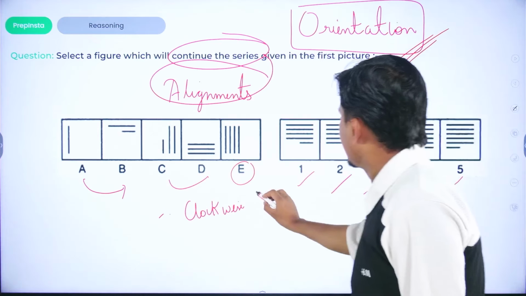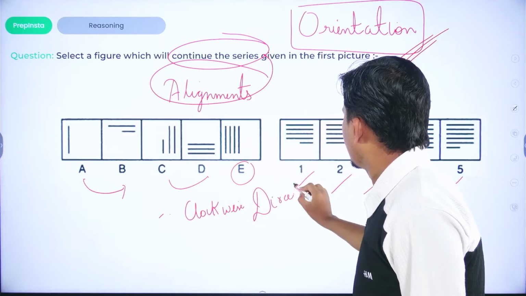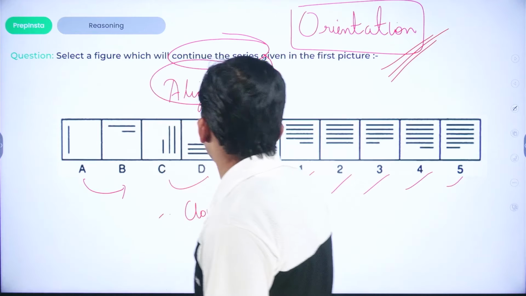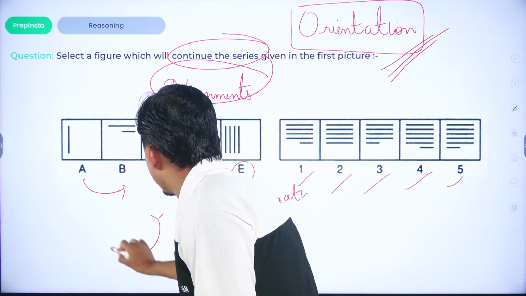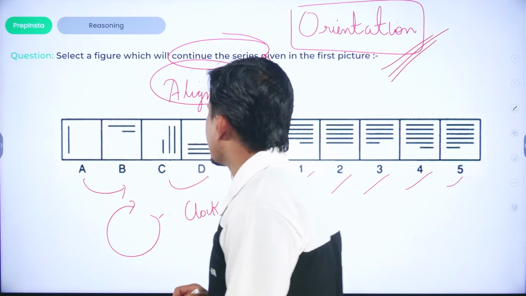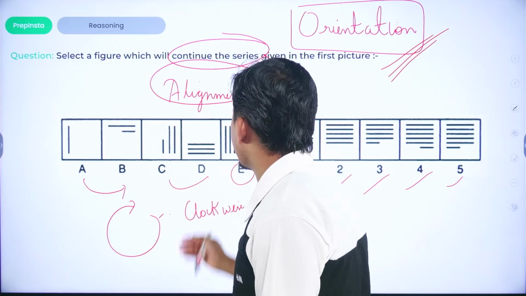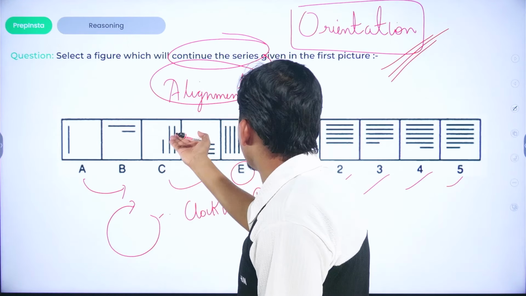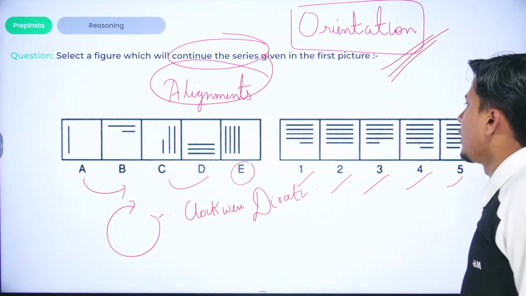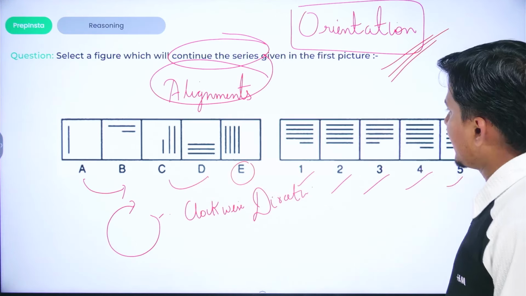How clockwise? Because it is moving from here to here, here to here, here to here. From here it goes to the topmost position, then to the right position, then to the bottom position, then to the leftmost position, then it will come to the top position. So all the options have the top position.